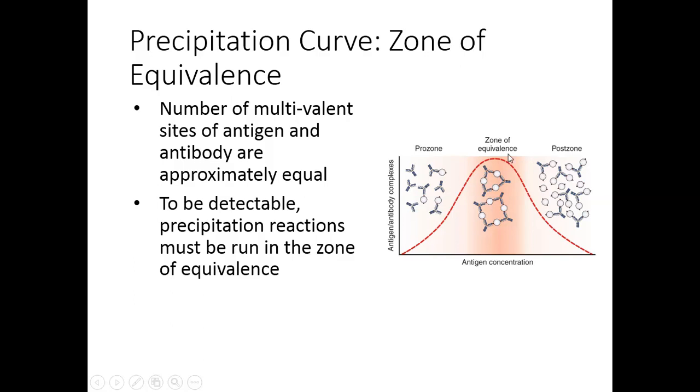But there's a sweet spot right in the middle where we have a zone of equivalence, where roughly the antibody binding capacity is equivalent to the amount of antigen binding capacity. And this is where we start to get those lattice formations.